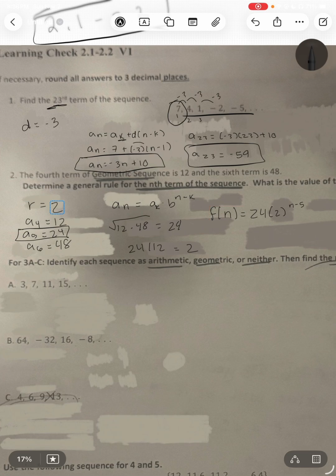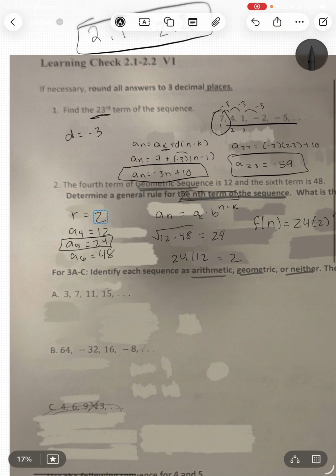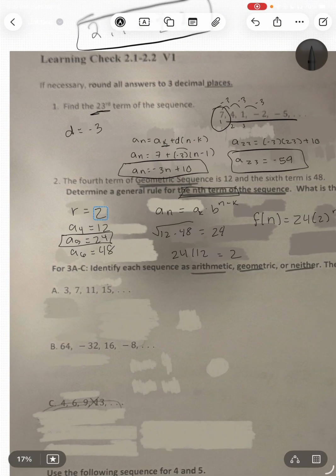All right, and now we need to find out our nth term. So we need to find the regular one that we can plug any number into and solve for. The only way I find this one is if I know the rate is 2, going backwards it's the opposite, so it'd be 1/2. Half of 12 for A3 is 6. Half of 6 for A2 is 3.